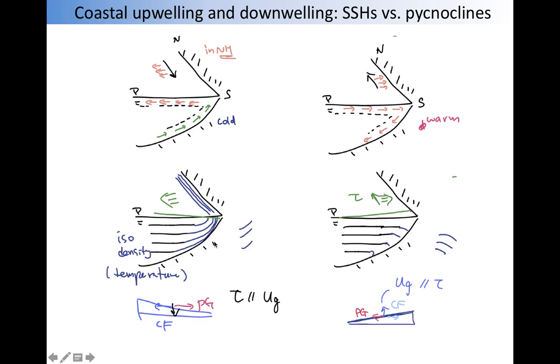It raised up this way. So the general pattern of the iso-density line will be flat. When you apply the wind and Ekman transport, it's going to go upward.